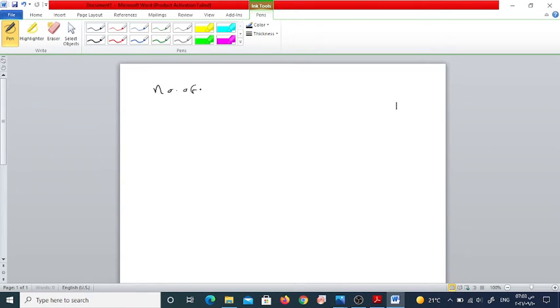Number of moles equals mass over molar mass. Yes, very simple. You should know this law.